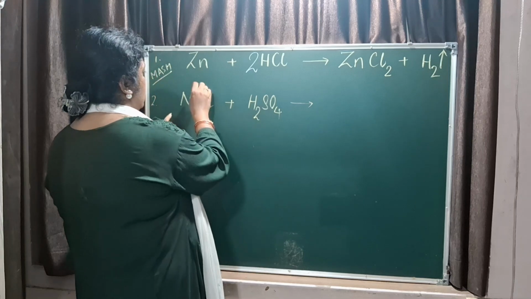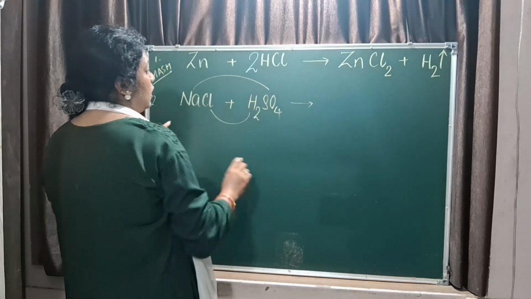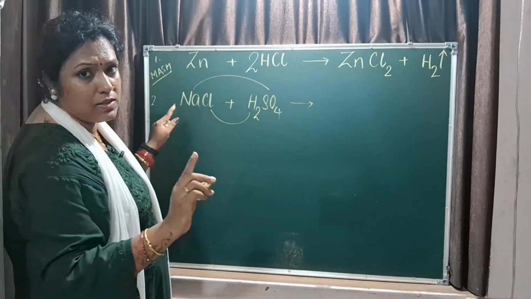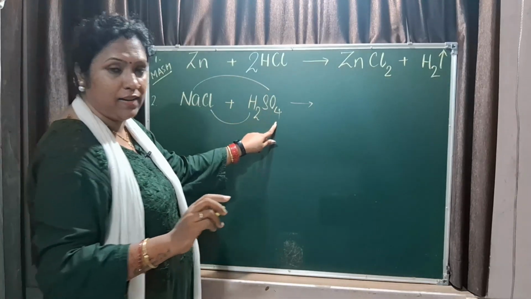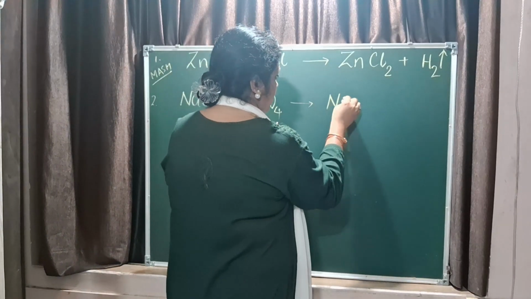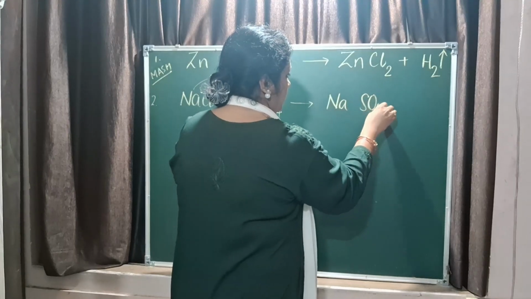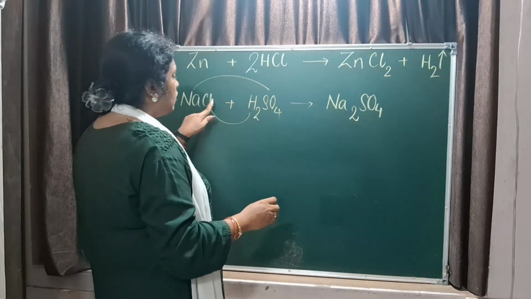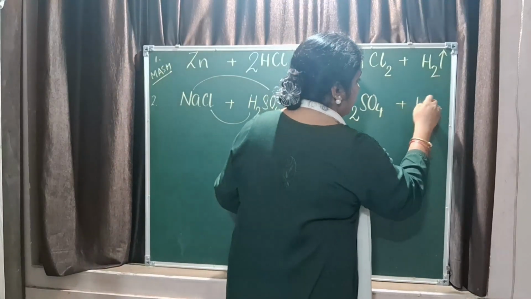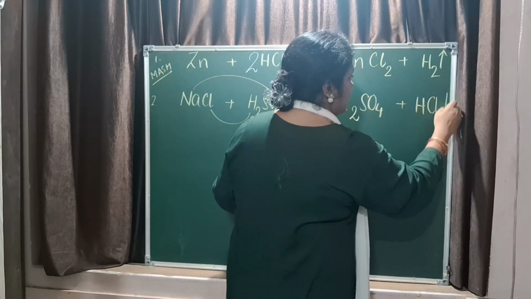So exchange this one with this and this one with this. Do not mess with the valency, okay. You just know the elements. Now here sodium sulfate, sulfate valency 2, okay, and hydrogen chloride, hydrogen 1 valency, chlorine 1 valency, HCl.